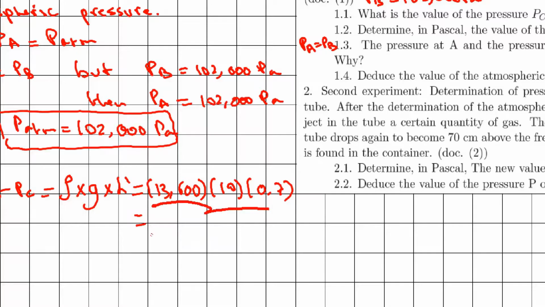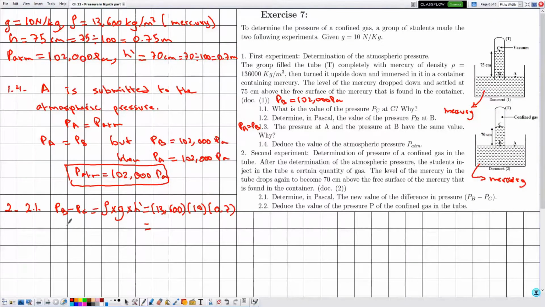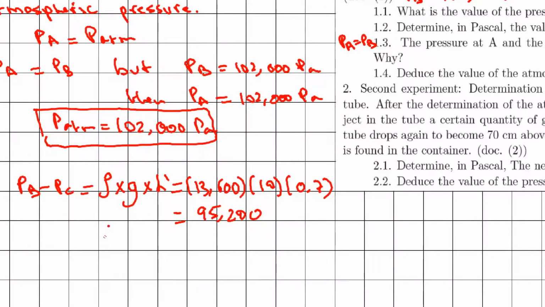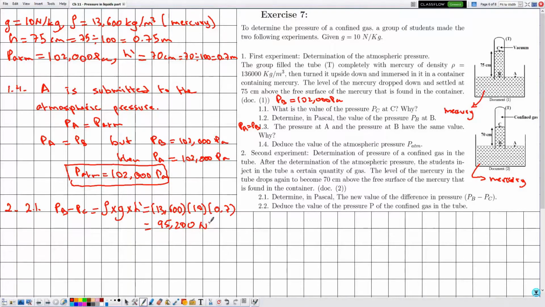Now plugging this on the calculator, the value of the difference PB minus PC is given by 95,200. Since all of these are expressed in the SI, this difference will be in the SI. Notice that this difference is due to the difference of pressures, so it must be in Newton per meter square, and usually this unit is denoted by Pascal.